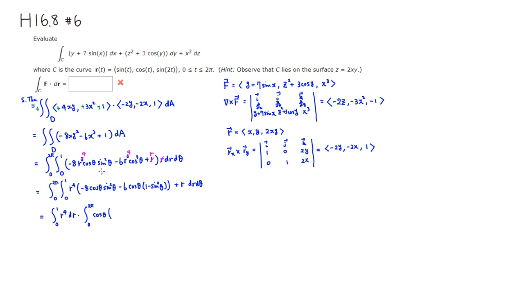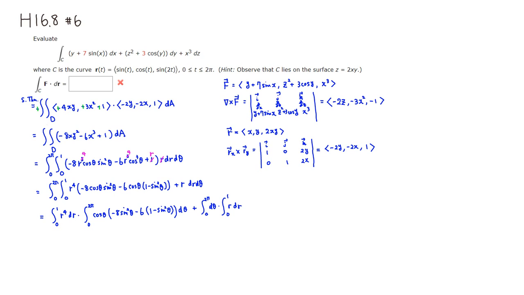And then we're going to have negative 8 sine squared of theta minus 6 times 1 minus sine squared of theta, d theta. This one we have to do kind of separately. So you have from 0 to 2 pi, and this is theta, and r would be 0 to 1, r dr. So let's compute this.